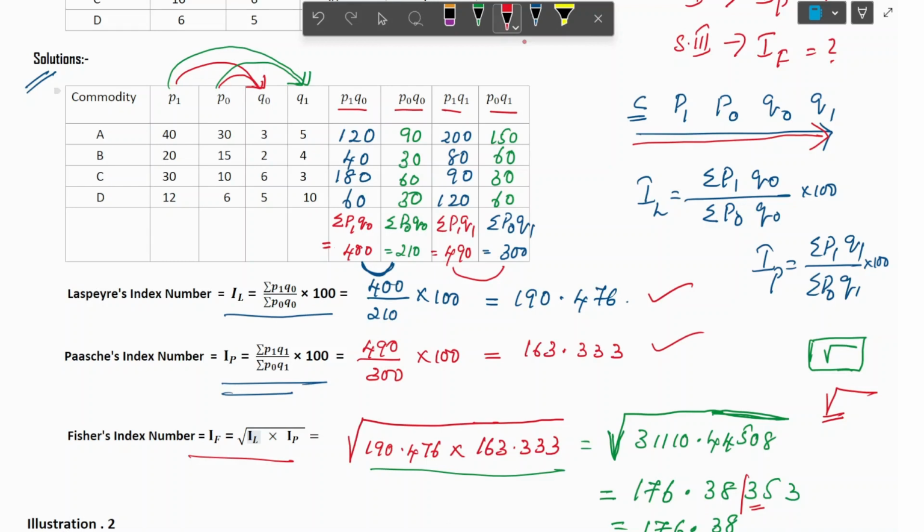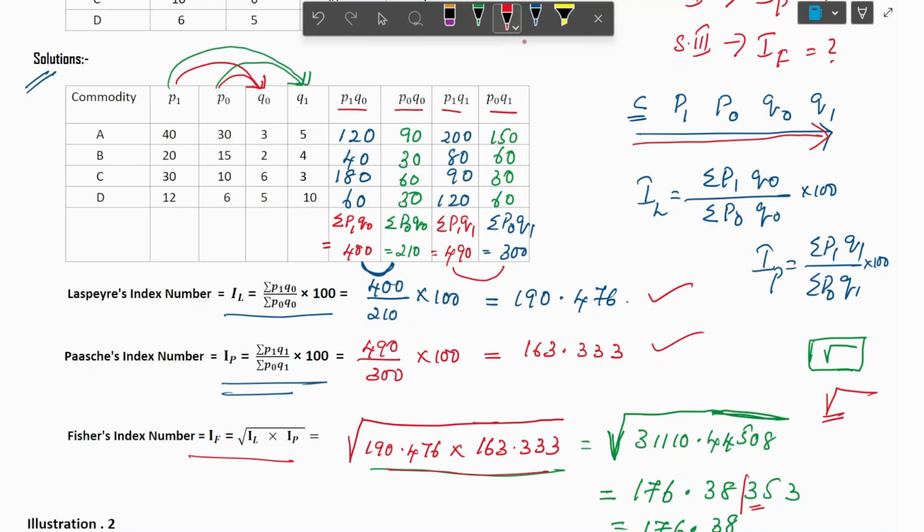P1, P0, you multiply with Q0 first. Then P1, P0, you multiply with Q1. In this way, if you follow, you never make mistakes. In the same order we got the sigma values, that means the summation values. Just substitute in IL and IP. Then substitute for IF in the square root. Multiply these two numbers first, then take the final square root. That is your answer.